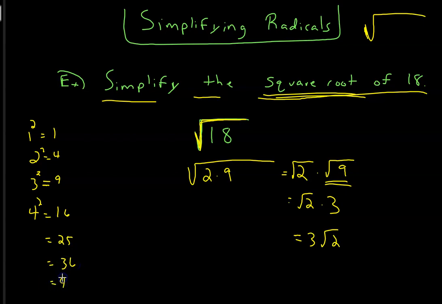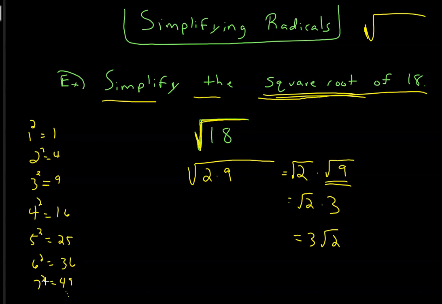Next one is 49, and so forth. So if you know all the perfect squares, like from 1 to 25, it's useful because you save some work. You just know that the square root of 9 is 3, and you can easily find the answer. Now, if you don't know the perfect squares, you have to do it a different way.